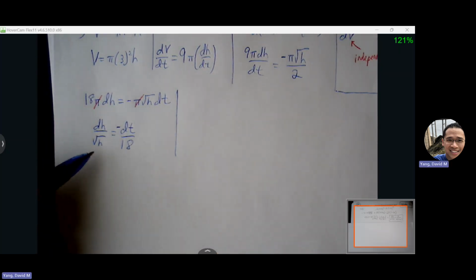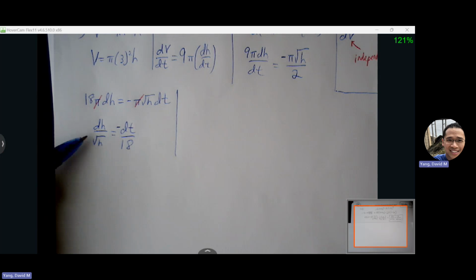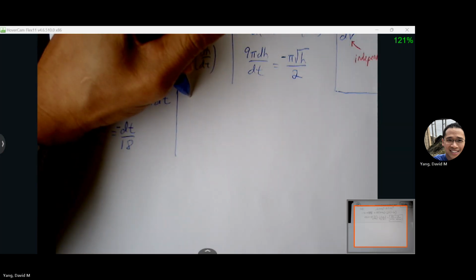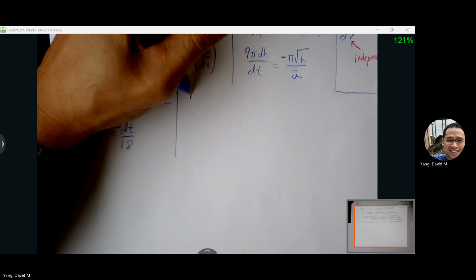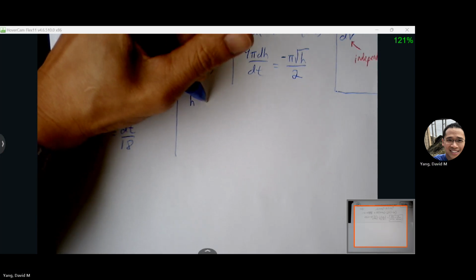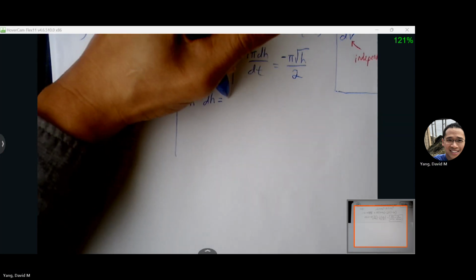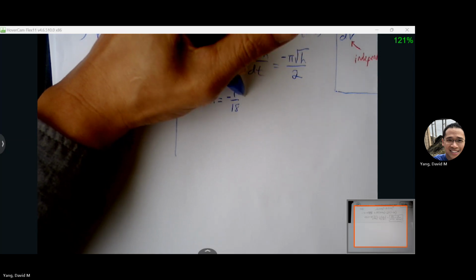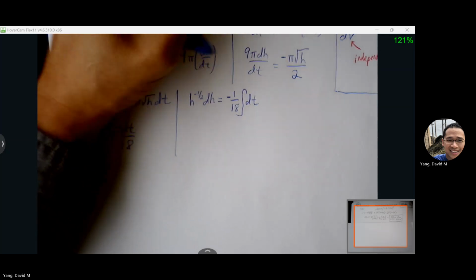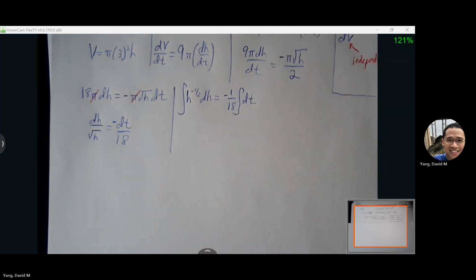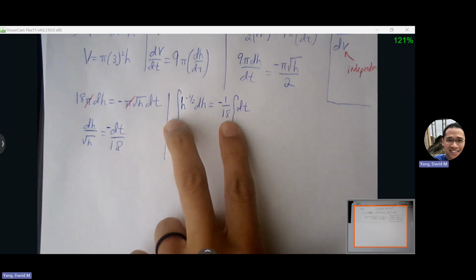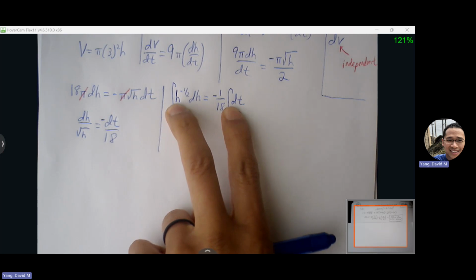I do want to get these terms ready for my antiderivative. Now, root h, what ultimately do we have to go through for this rule? Power rule, right? So setting myself up for power rule here on both sides, actually.